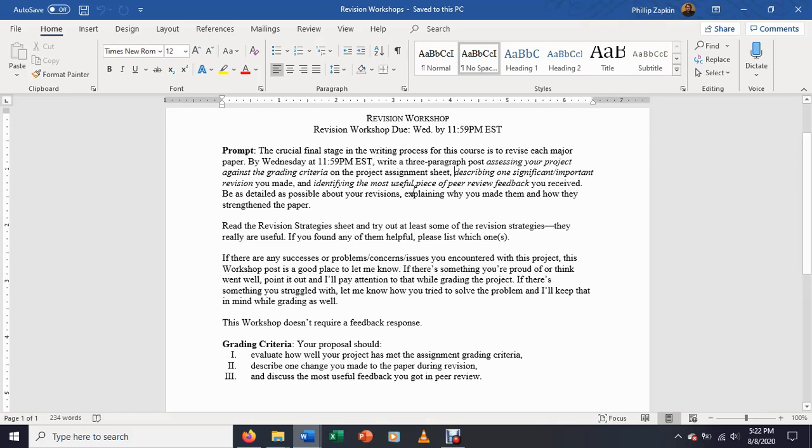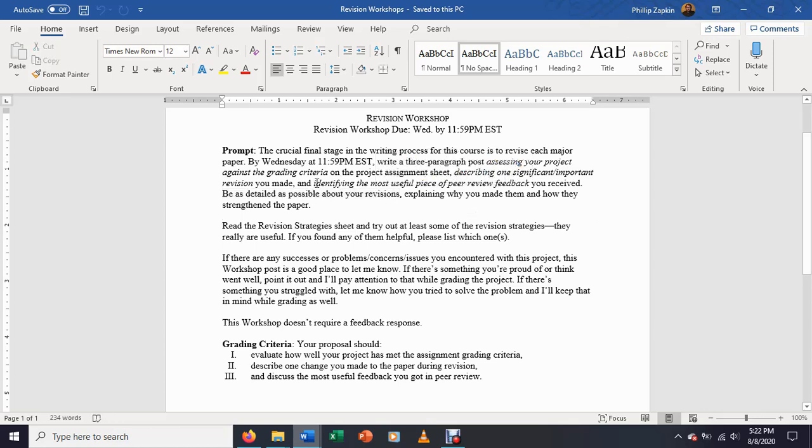So between the feedback that you got on peer review and the revision strategies on the revision strategies sheet, you should be making changes between your peer review draft and your final draft. You're going to tell me about one significant revision that you made. And you want to be as detailed as possible.